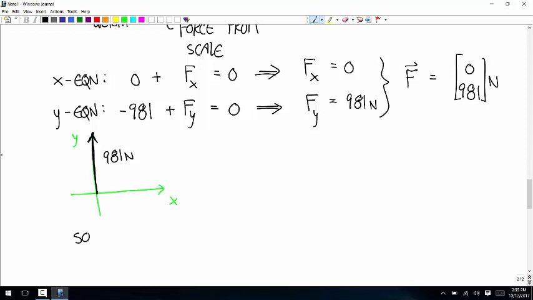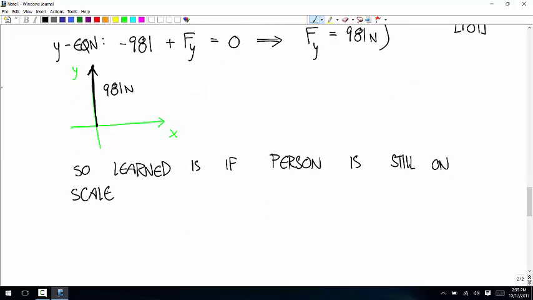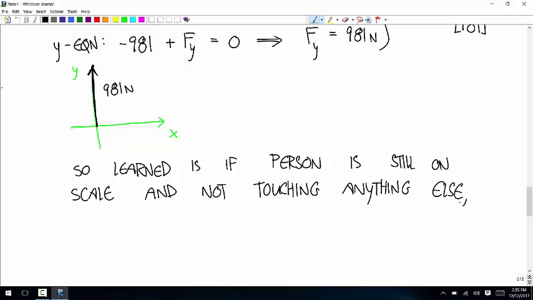And so what we learned is if a person is still on a scale and not touching anything else, the force the scale applies to the feet is the same magnitude as the person's weight.